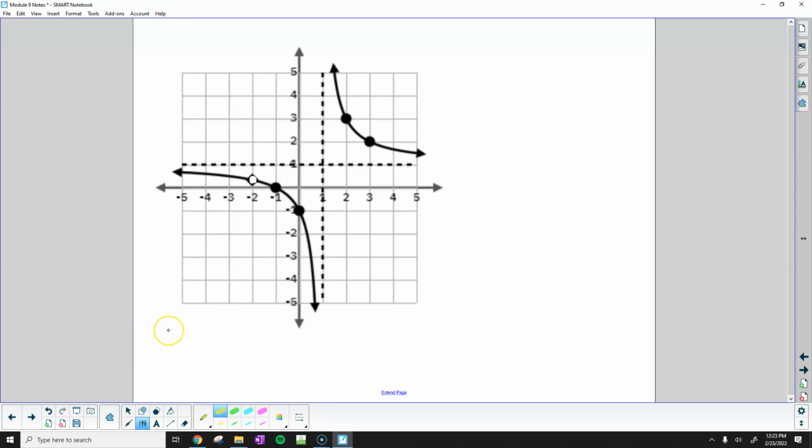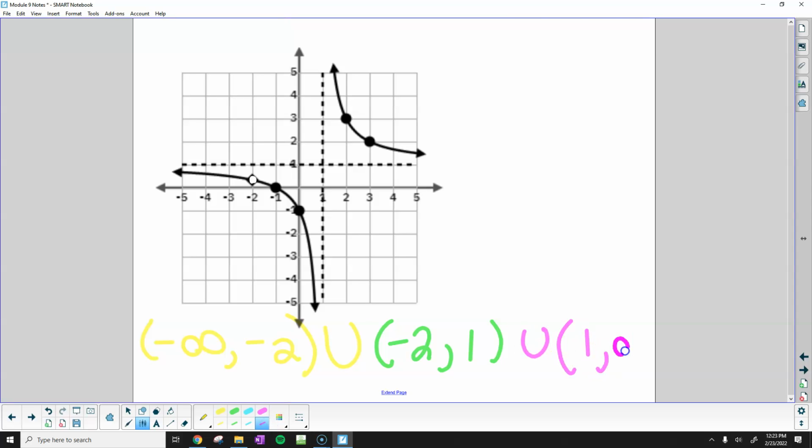Your domain is going to be negative infinity to negative 2, or negative 2 to 1, or 1 to infinity. Let me go back and highlight how I know that.